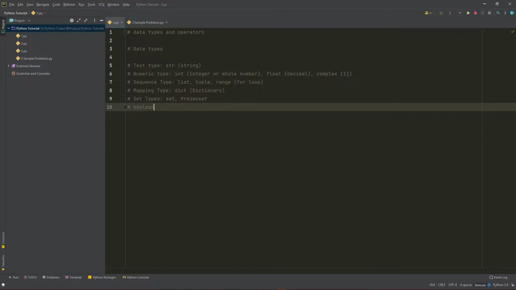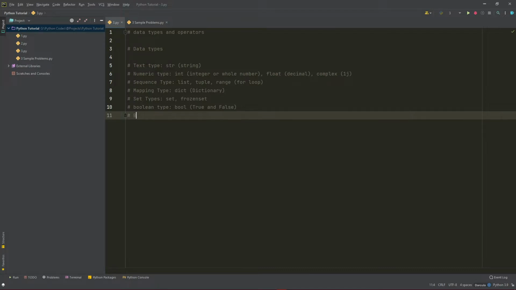Okay. So we have the Boolean type. We have the bool. Basically, this is the truthfulness of something. We have the true and false. It gives us the values true and false. Okay. The last one, we have the binary type.